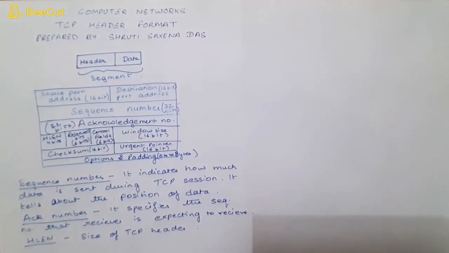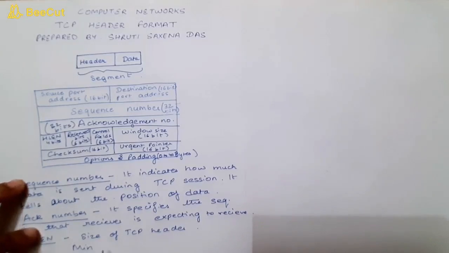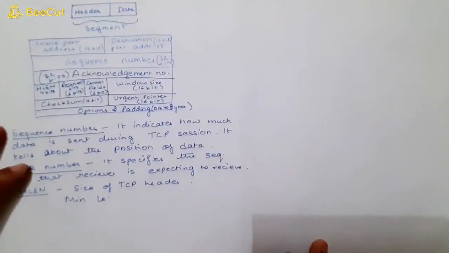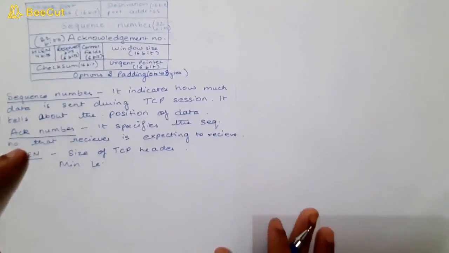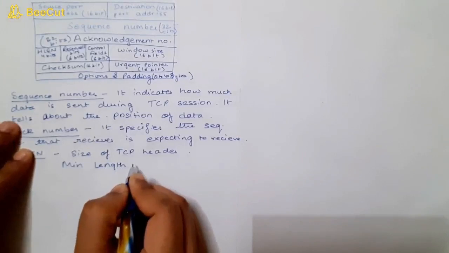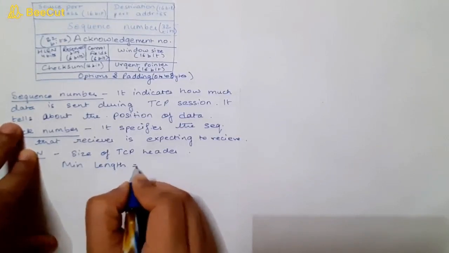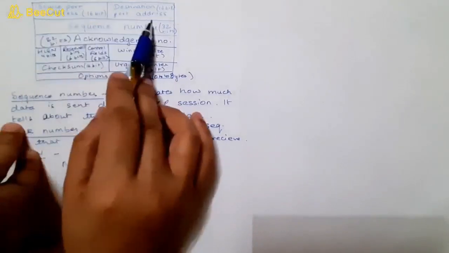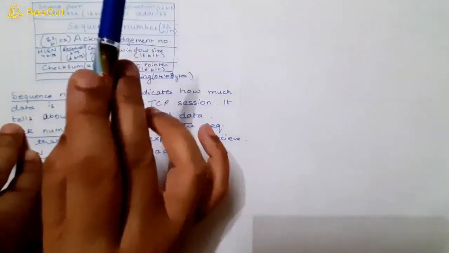So what will be the minimum length? Because there are 5 rows, and each row consists of 4 bytes.